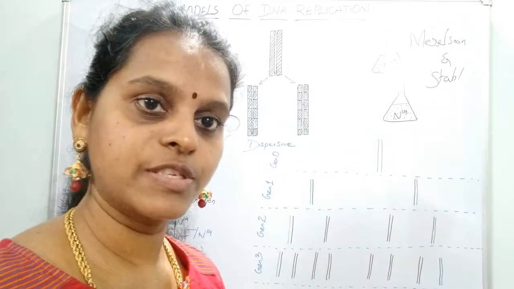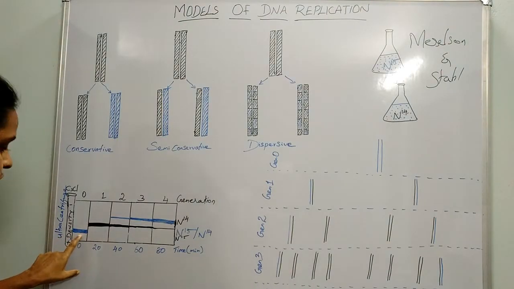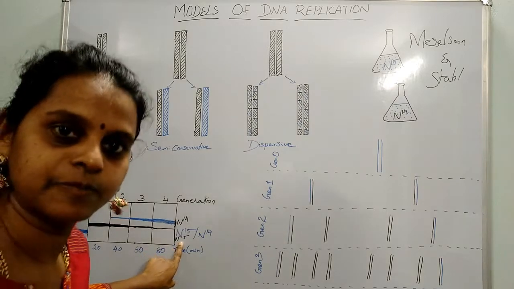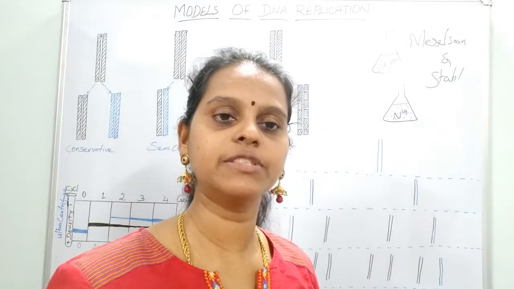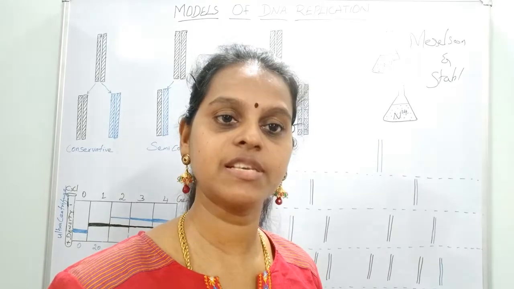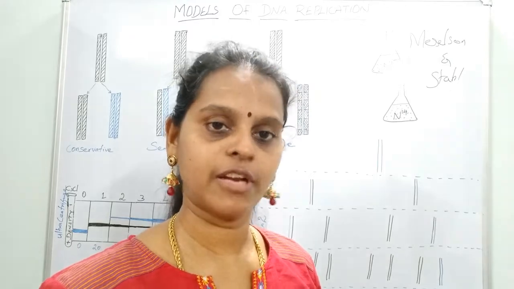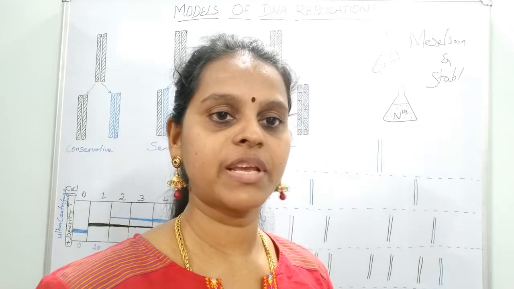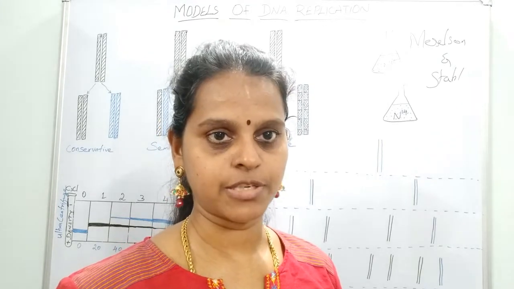In the zero generation, all the DNA present in the bacteria contains N15 nitrogen, and the DNA is separated in the N15 band region.